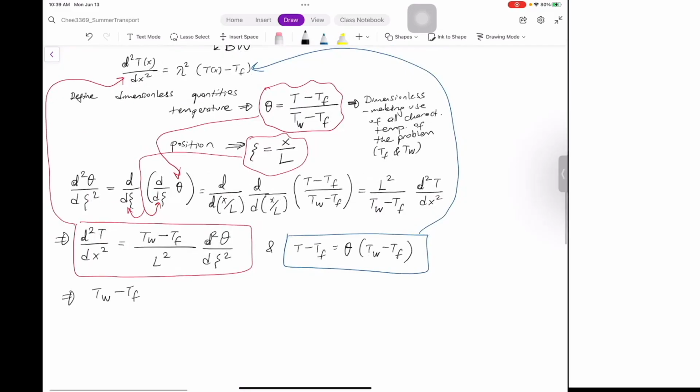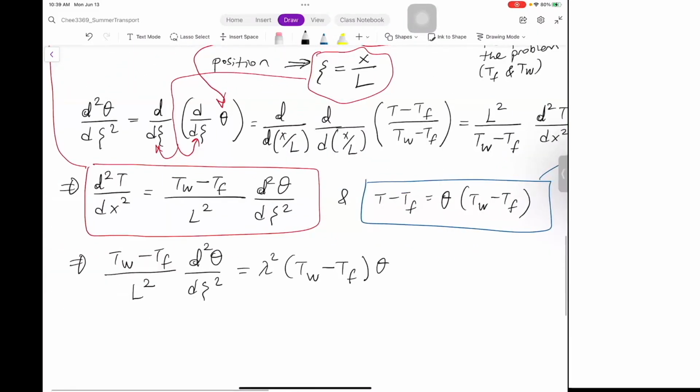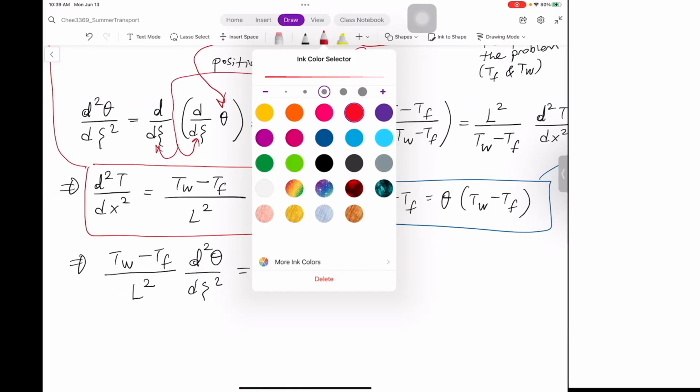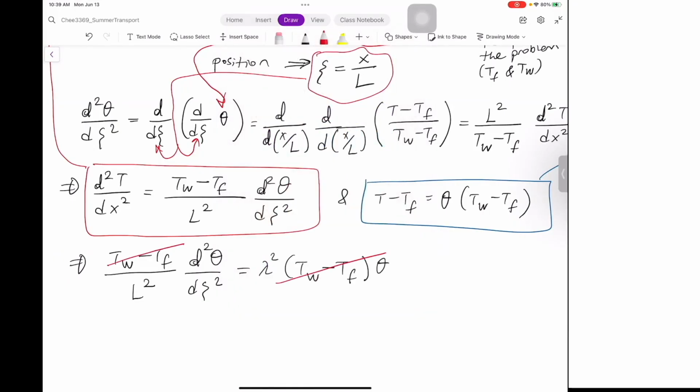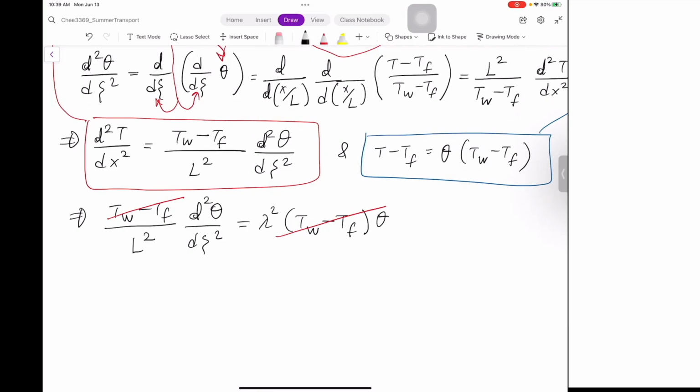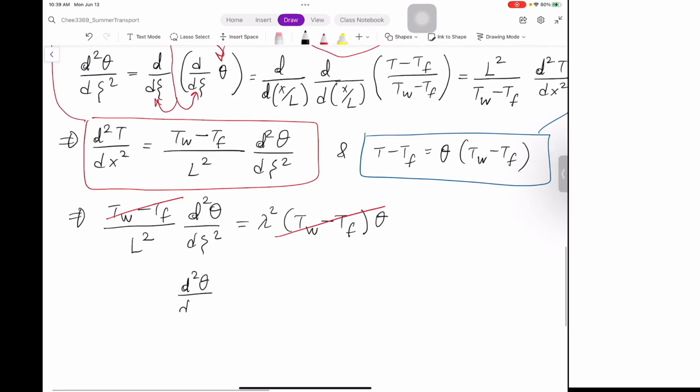TW minus TF divided by L squared d squared theta over d psi squared is equal to lambda squared TW minus TF times theta. And now the equation simplifies because I have this T wall minus TF here, T wall minus TF here. Then my equation becomes d squared theta over d psi squared is equal to lambda squared L squared theta.